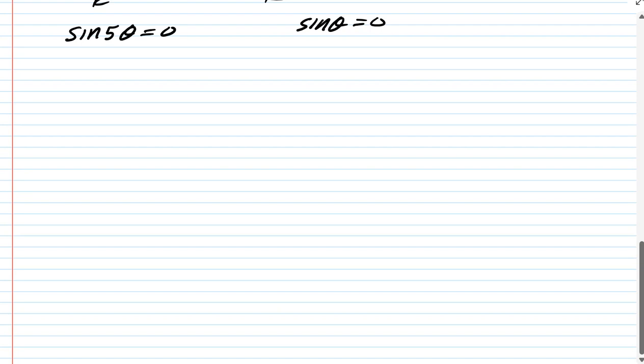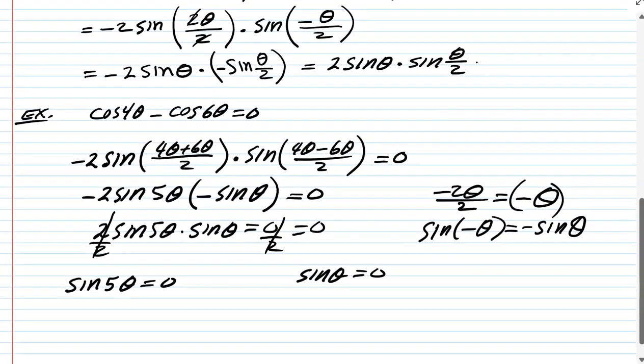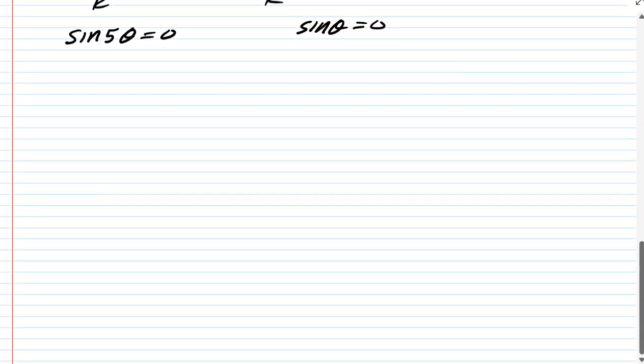Well, sine theta equals 0, so we're looking at the zeros of sine. Let's make it easy on ourselves. Suppose we want the solution in 0 to 2 pi. Now the zeros of sine we know is k pi, right? So in 0 to 2 pi, the zeros are 0 and pi. That takes care of that one.